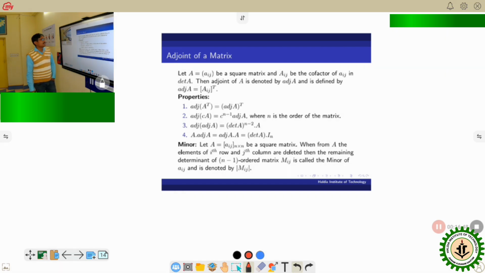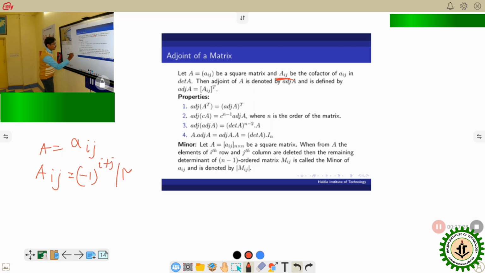Next, adjoint of a matrix. Let A be an n square matrix and capital Aij be the cofactor of the corresponding aij in A. So what is a cofactor? Cofactor means minus 1 whole to the power i plus j into mij.